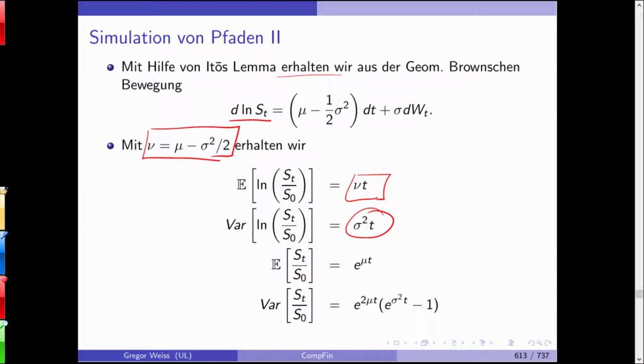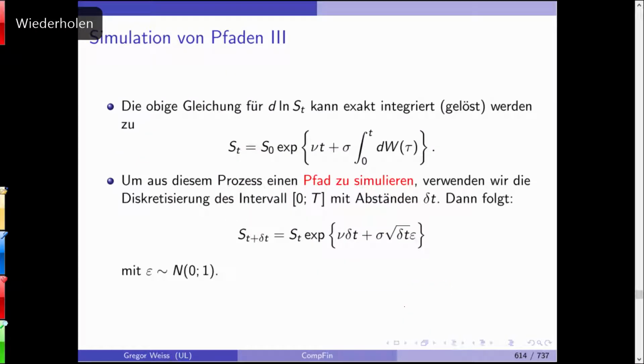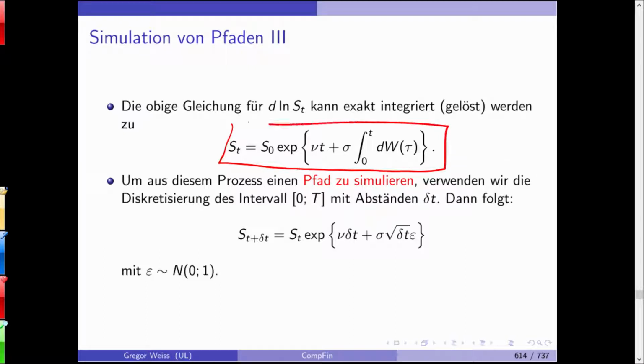The expected relative change in price is the exponential function of mu t, and the variance is given by this. If we take these terms, we can actually integrate this exactly, and we get an exact solution. And this is the exact solution for the geometric Brownian motion.